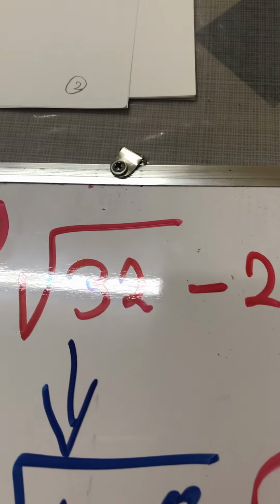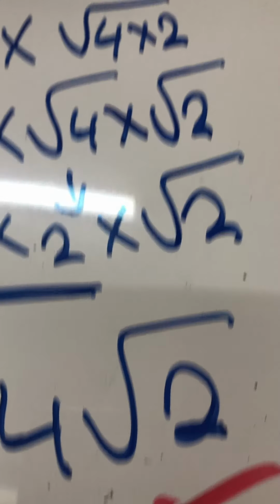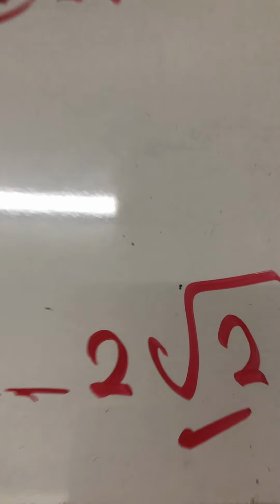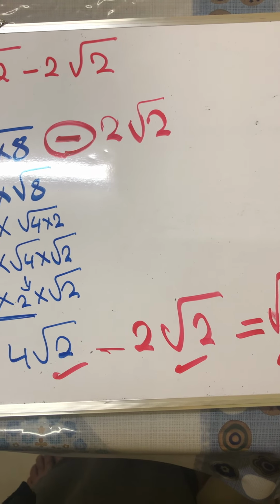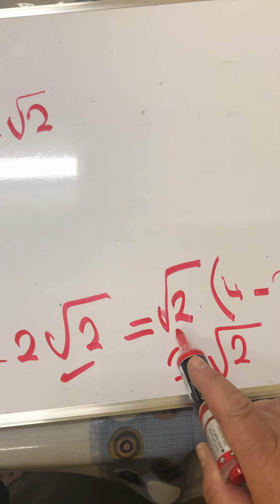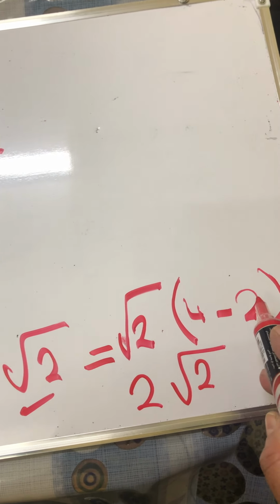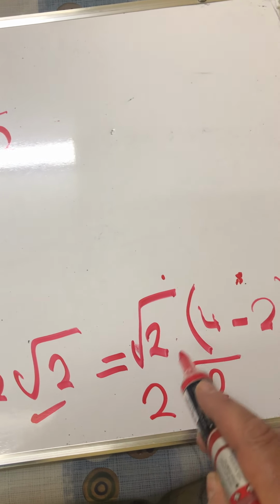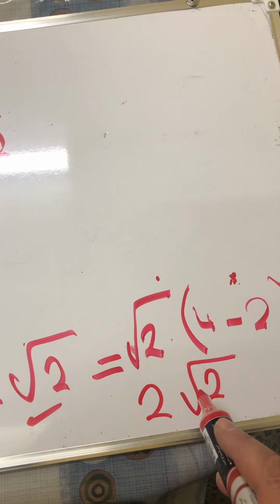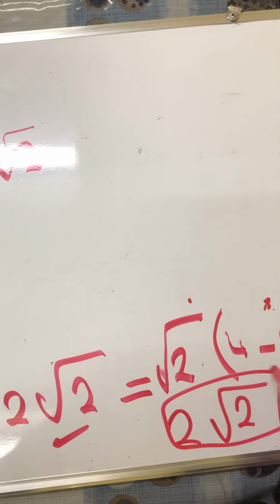So I change square root of 32 into 4 square root of 2 minus 2 square root of 2. Now I have 4 square root of 2 minus 2 square root of 2. I'll write square root of 2 just one time. What are the numbers I have to subtract? 4 minus 2. The answer here is 2. So 2 multiply square root of 2. Let's arrange it. It will be 2 square root of 2. This is the answer of question number 6.